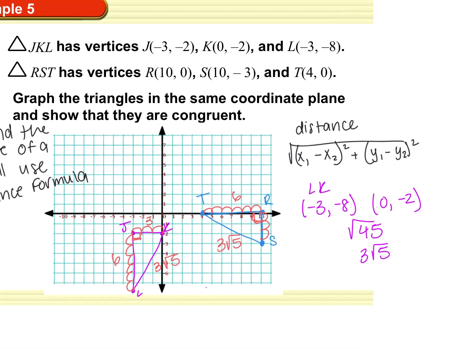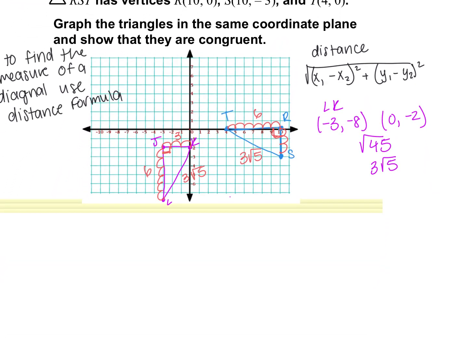And now I'm going to state what sides are congruent. Okay, so who can start me off? Who can tell me which sides are congruent? JK congruent to RS. Good. JK is congruent to RS. What else is congruent? TR, okay.